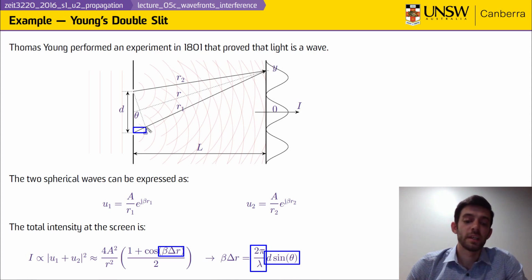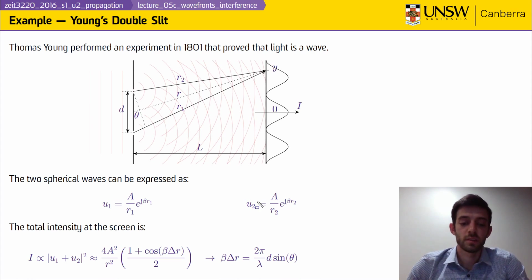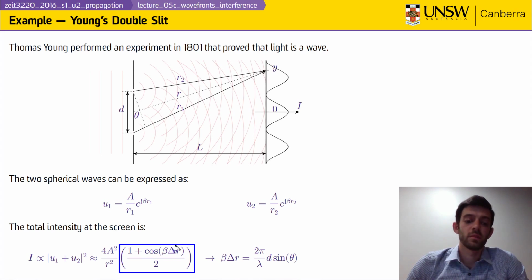What we're then interested in is when will this argument of beta delta r give constructive interference for this term as a whole. At every 2 pi, cosine will produce 1. So this entire bracket contents will become unity.